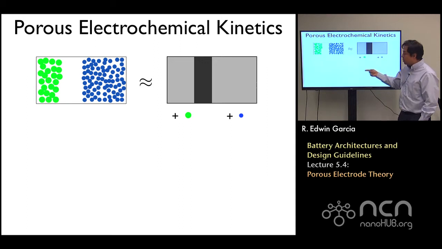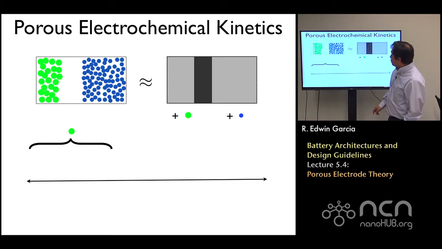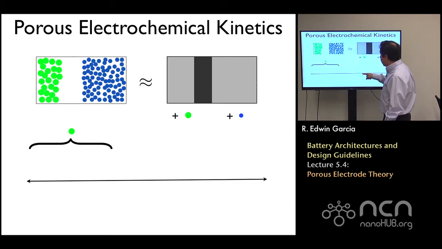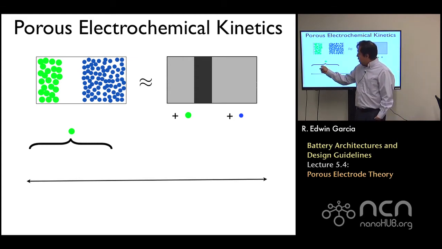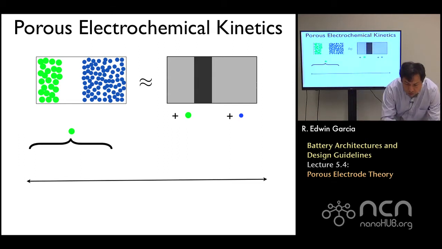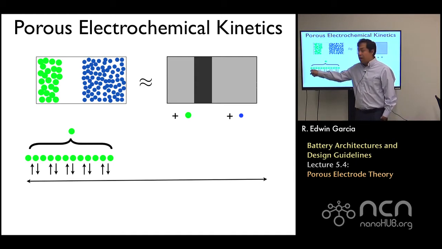I only need to describe the transport along the x-axis. So if we do that, then I can define the lithium transport in the electrolyte across a one-dimensional domain where I can always exchange lithium from the electrolyte into the particle via the Butler-Volmer relationship by defining some average reactivity.